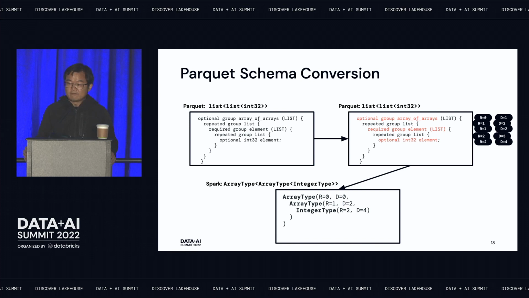To convert that into a Spark schema, we first need to annotate the definition level and the repetition level for each node in the schema. After we have that information, we can pass it into the Spark schema, and we have that in the bottom center slide diagram.